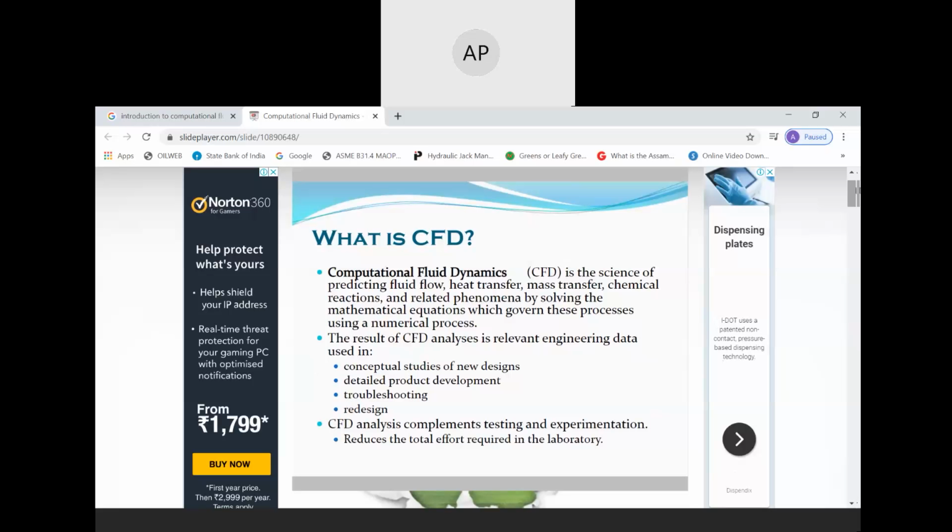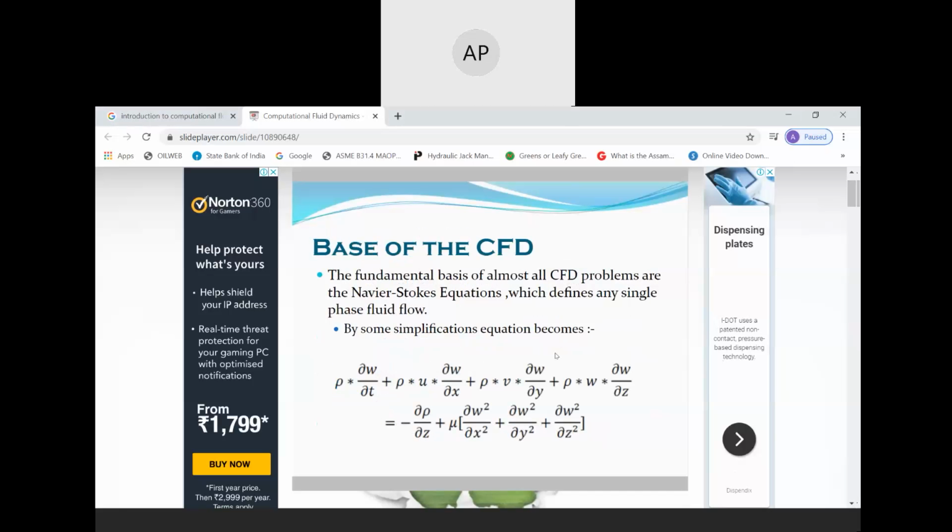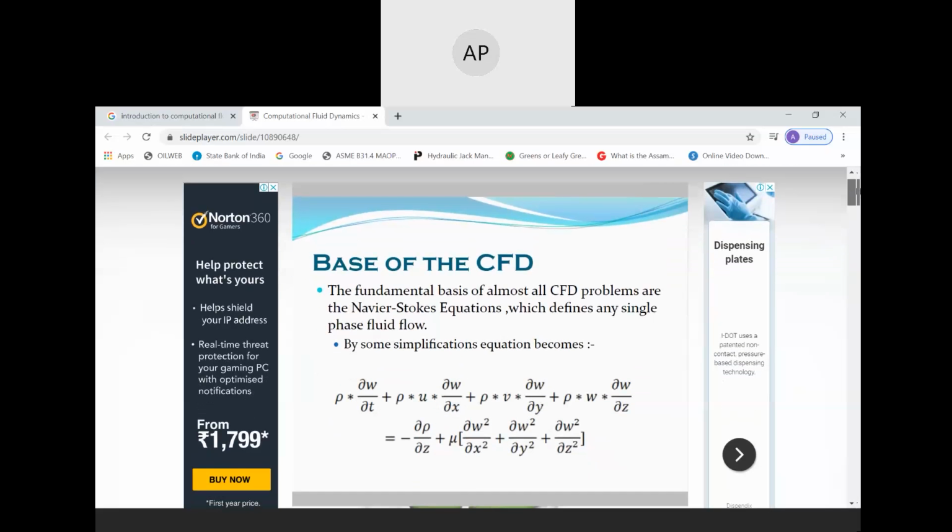CFD analysis complements testing and experimentation, and reduces the total effort required in the laboratory. Generally, CFD reduces the laboratory process. So, the base of CFD: there are some fundamental mathematical equations which govern CFD. The first one is the Navier-Stokes equation.